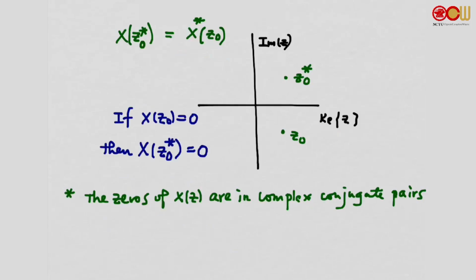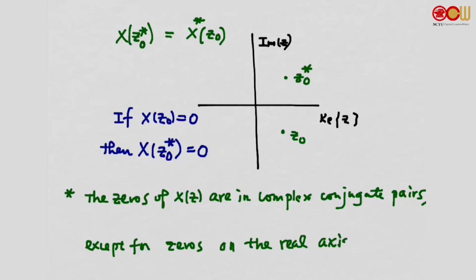This means the zeros of X are in complex conjugate pairs, except for zeros on the real axis. Similarly, the poles of X(z) are in complex conjugate pairs, except for poles on the real axis.